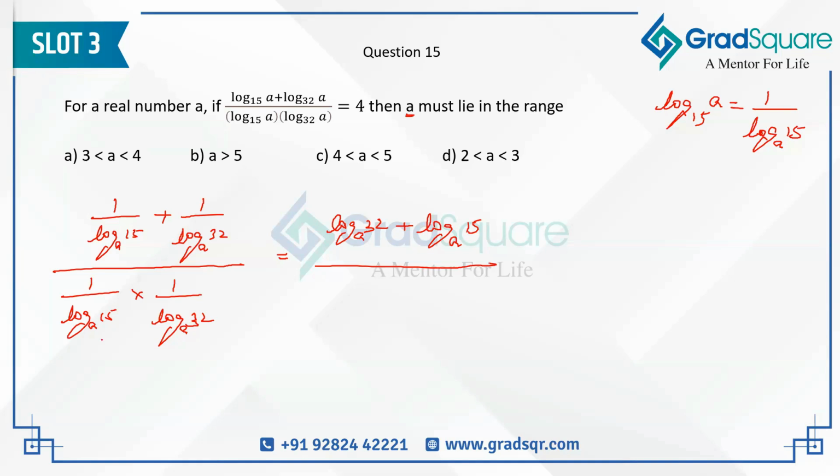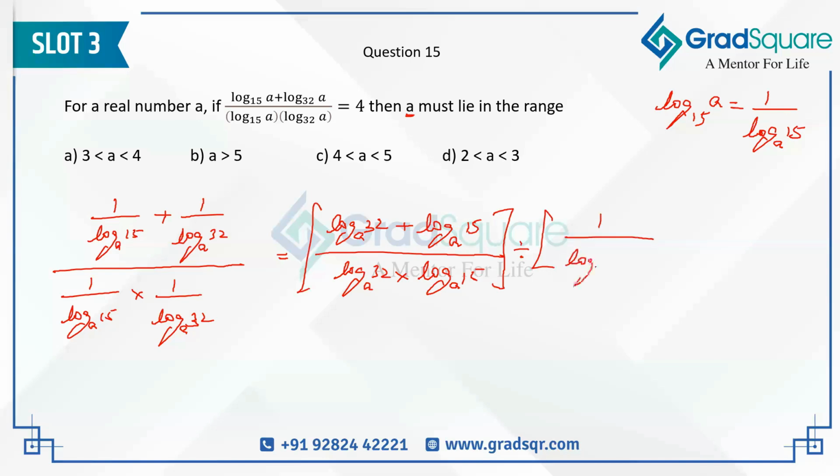So if you multiply this, if you take it in the numerator, you have this particular value divided by log of base a 32 multiplied by log of base a 15, that will be your numerator, and that is divided by 1 by log of base a 15 multiplied by log of base a 32.